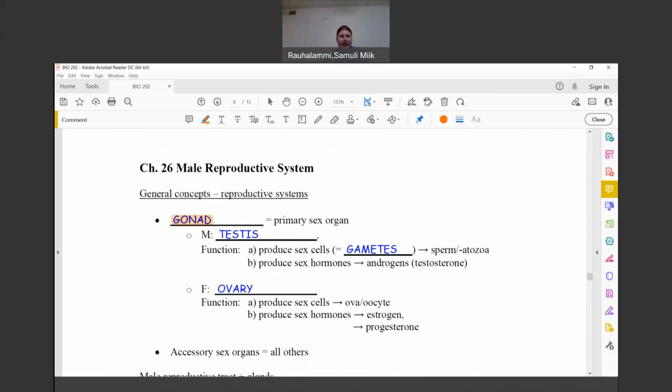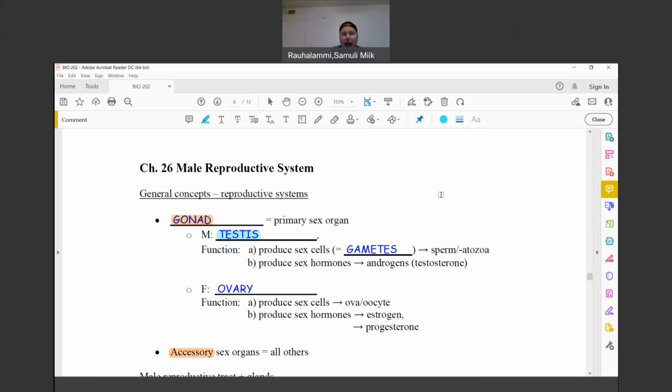These are the primary sex organs. Males and females have primary sex organs, and all other structures that we're going to see are going to be accessory sex organs. The male primary sex organ is going to be our testes.